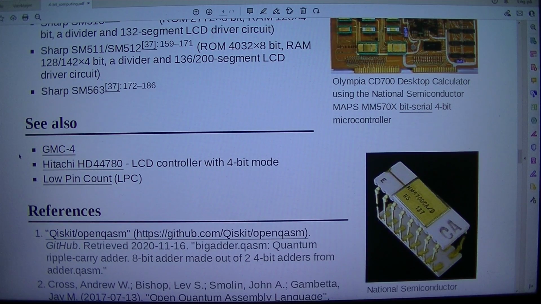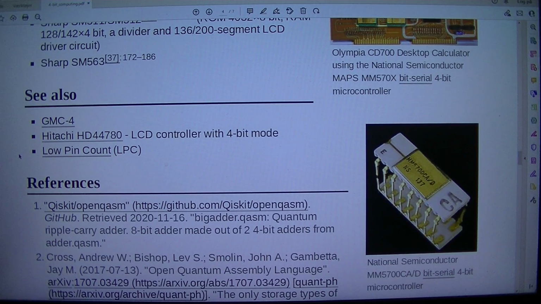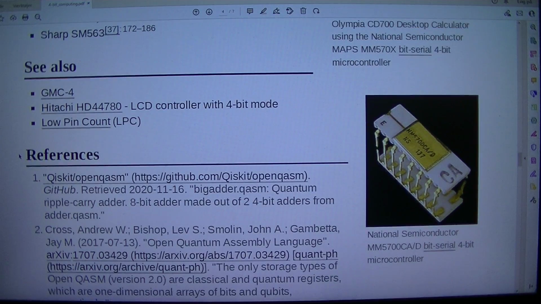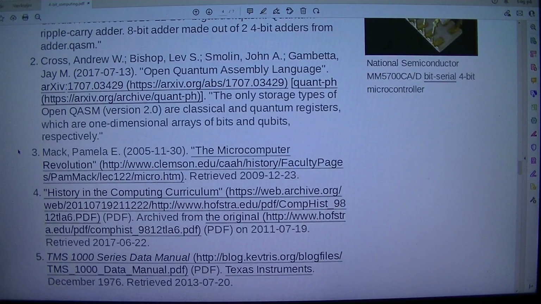Sharp SM563, 37, 172, 186. See also GMC4. Hitachi HD44780, LCD controller with 4-bit mode. Low pin count, LPC. References.